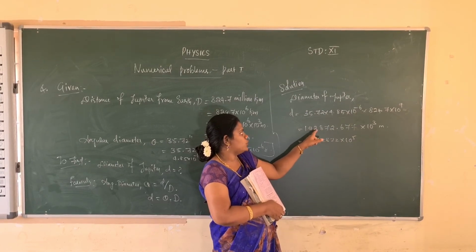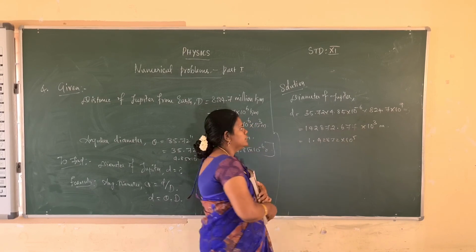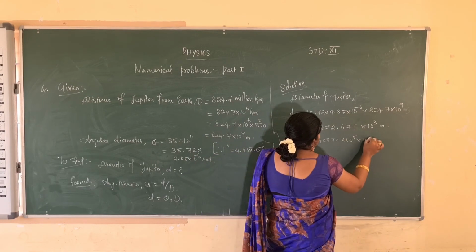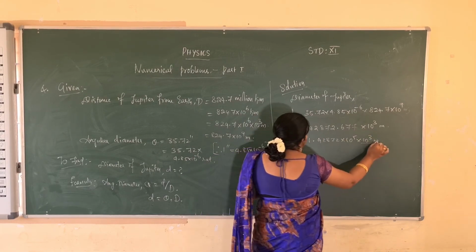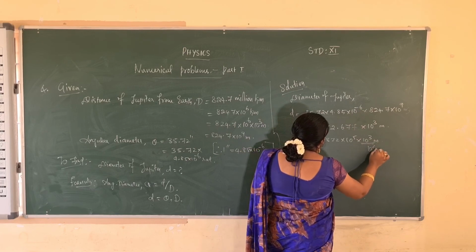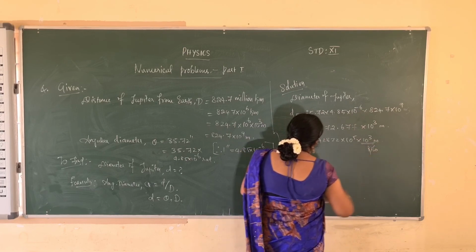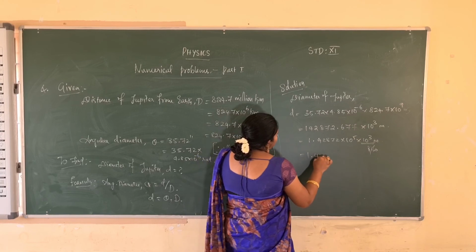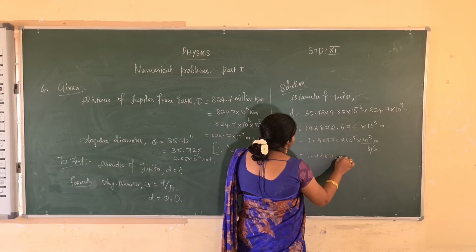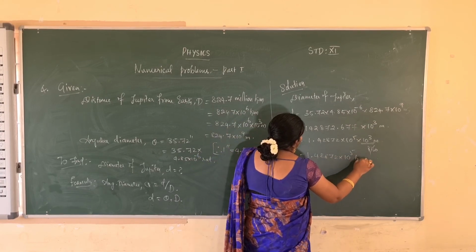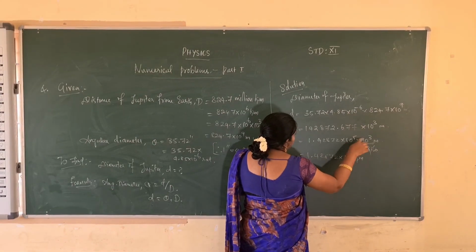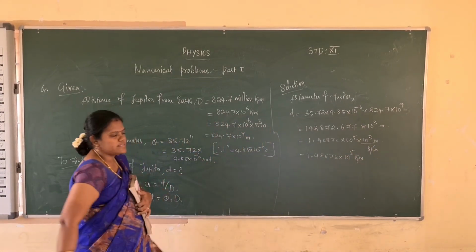So 1.428 into 10 power 5, into 10 power 3 meter. So 10 power 3 meter is kilo, 10 cube is called kilo. So 1.42872 into 10 power 5 kilometer. The value is changed into kilometer. This is the final answer.